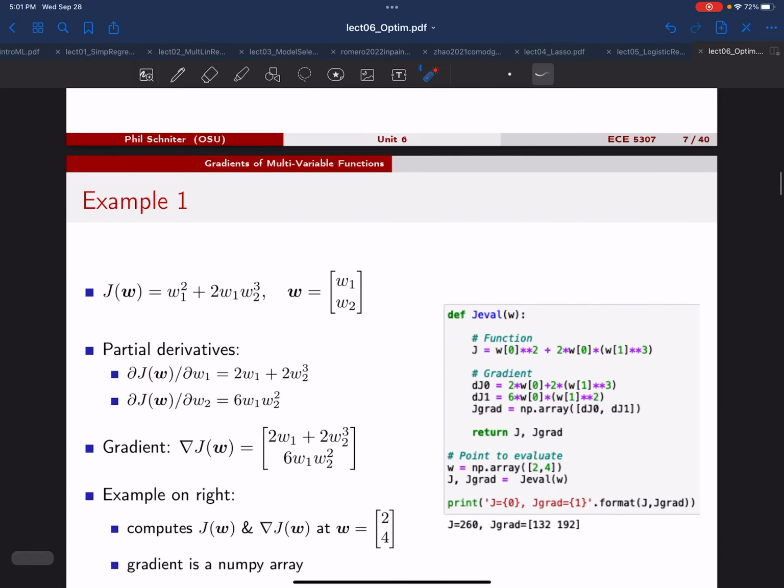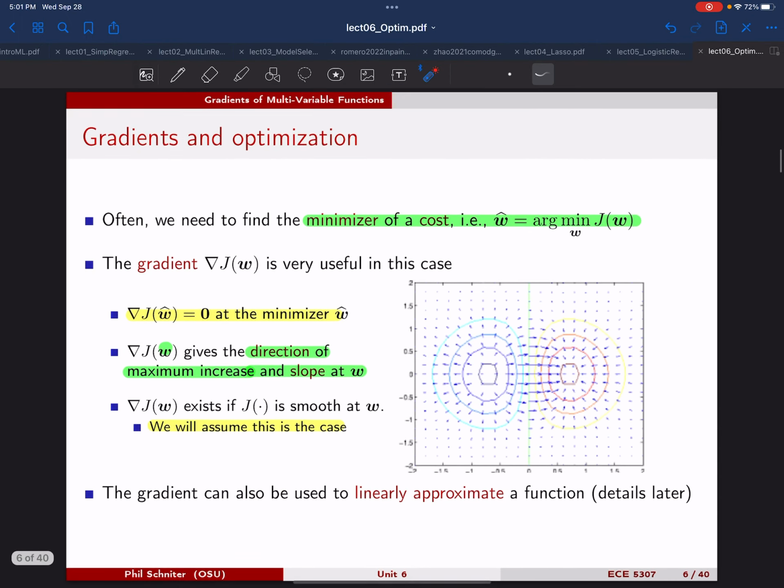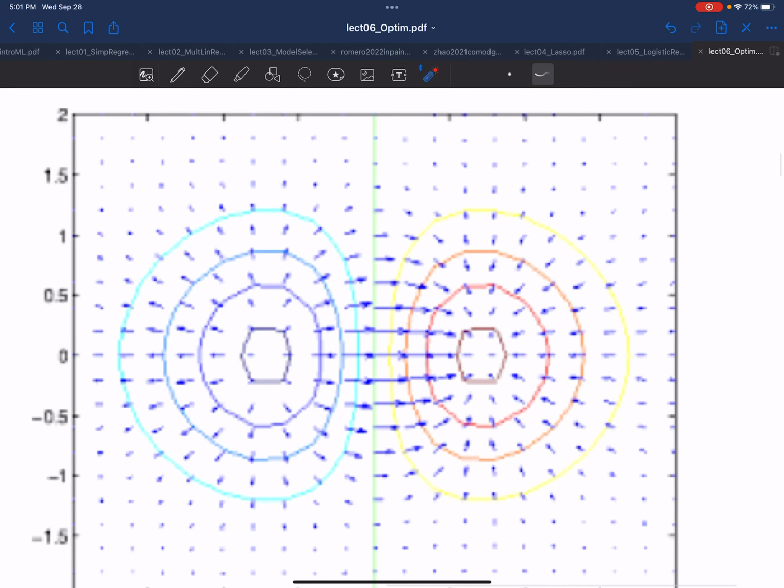Let's say we go back to this picture from the very beginning. This is in 2 dimensions, so each of these gradient vectors is a 2 by 1 vector. And the length of the arrow here is showing you the norm of that vector. So for a reference point out here, the norm is not very big. For a reference point here, the norm is very big. And then you can see the direction of the gradient is the direction of the arrow.